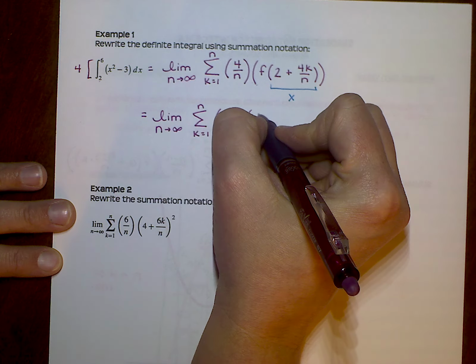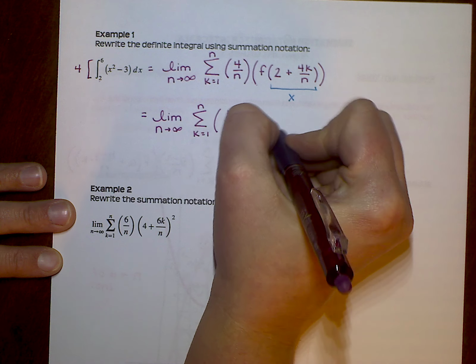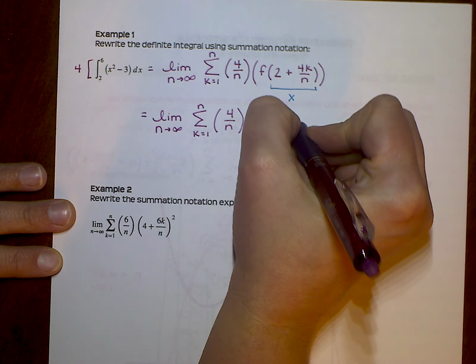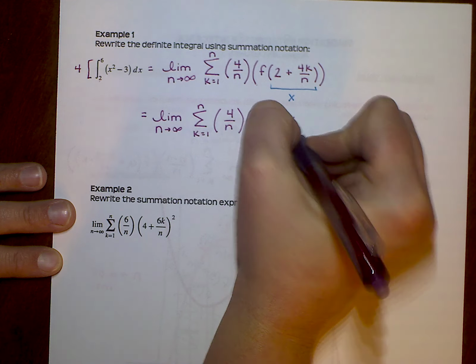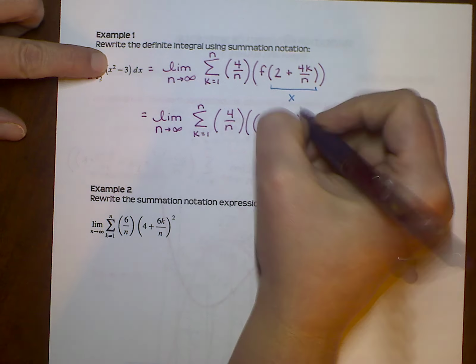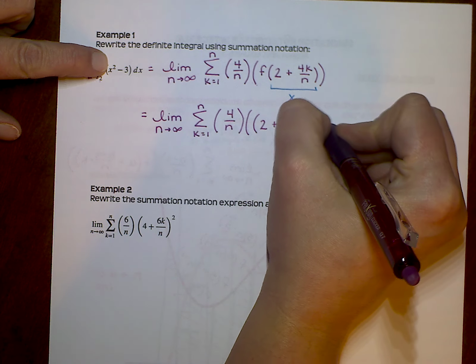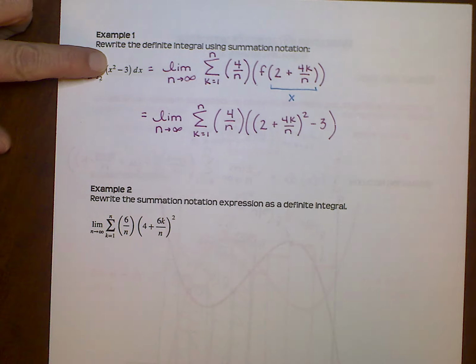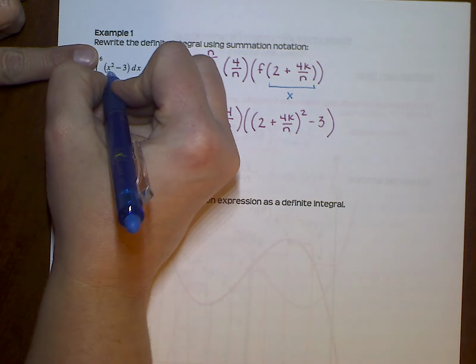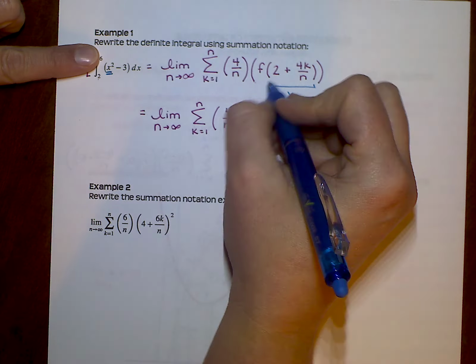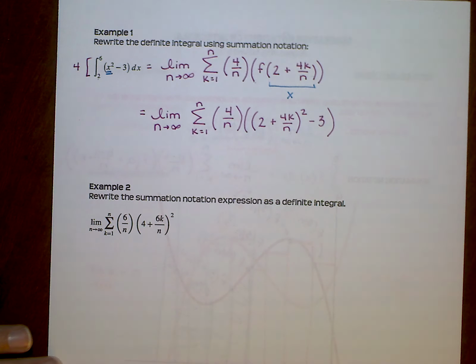That is going to look like 2 plus 4k over n, squared, and then minus 3. So all I did was take this function and replace the x with this crazy looking thing. And that's what it would look like in limit notation.